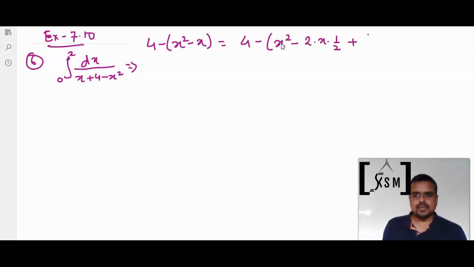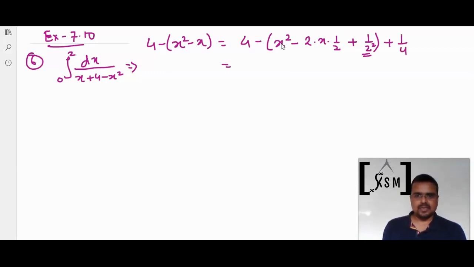And then plus 1 over 2 square. Basically we are converting to a perfect square. So we have done this change, right? Basically I have subtracted 1 over 2 square, so I will add 1 over 2 square, which is 1 over 4.